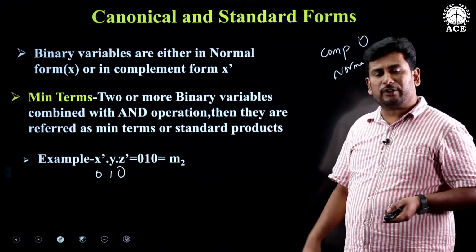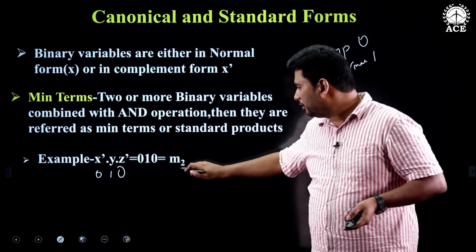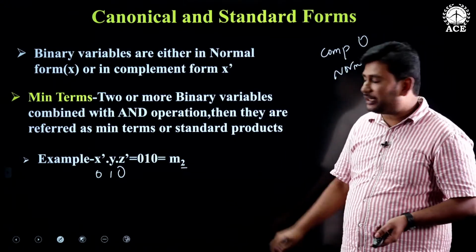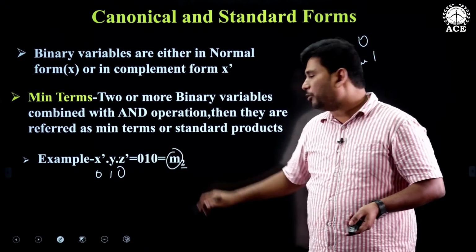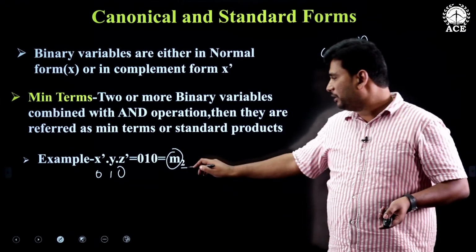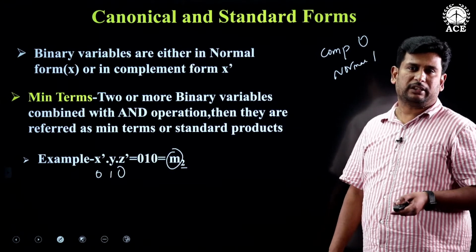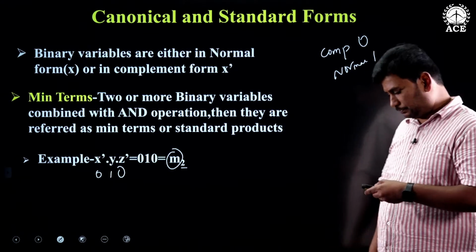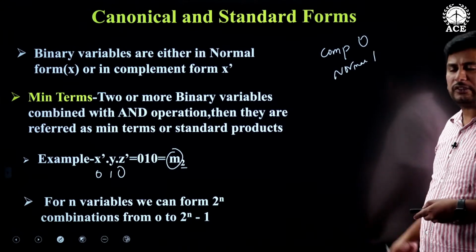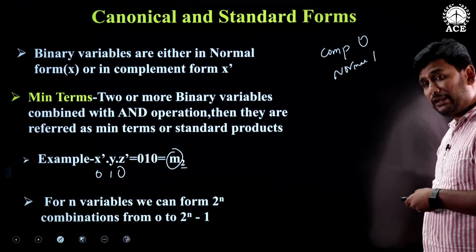So 0, 1, 0, if you convert, that is nothing but 2. A minimum term is indicated with a small letter m, and that equivalent value is indicated as a subscript. Clear with it? Right. For n variables, you are able to form 2 power n minus 1.